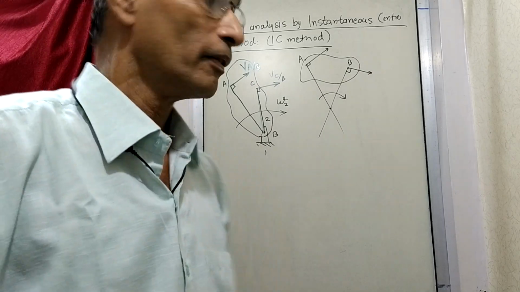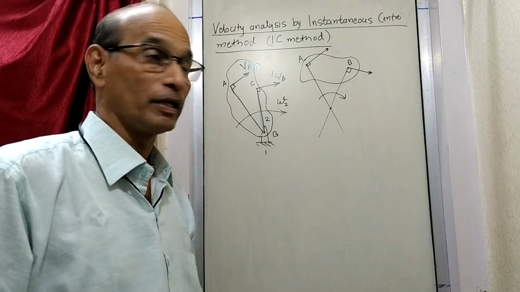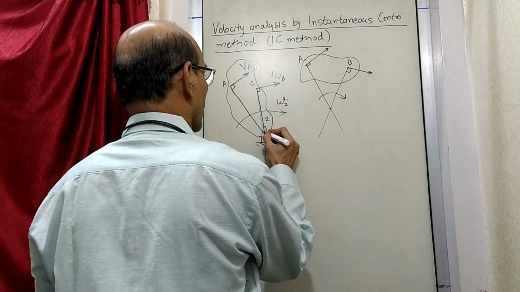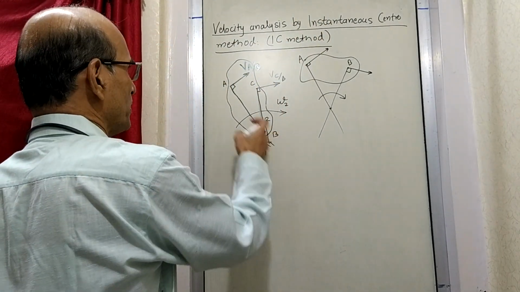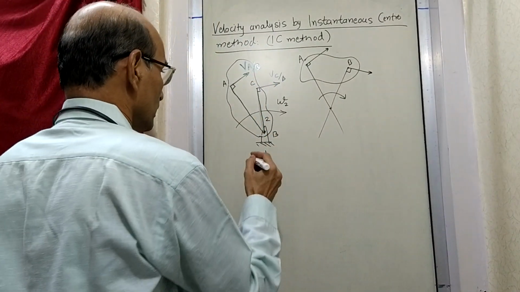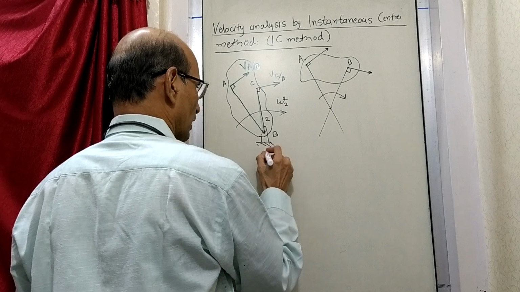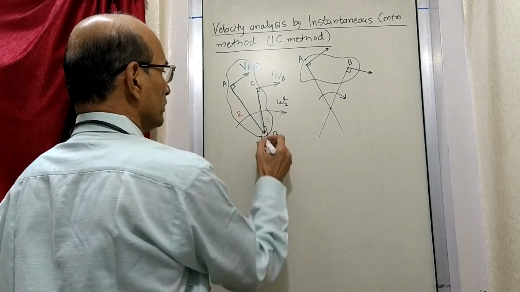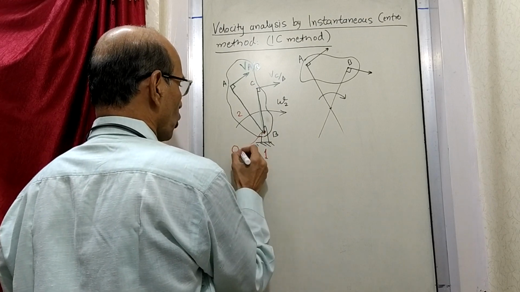Now there is a method of denoting this center. The center we have shown here, we have called it B, this is A, this is C, etc. But in the instantaneous center method, when this link is link number 1, I'll write the same thing again. This is called link number 2. Then this center is called O12.